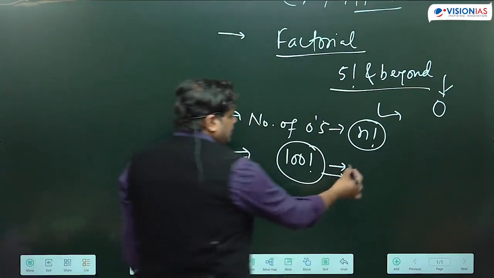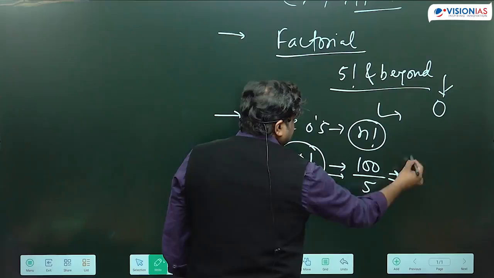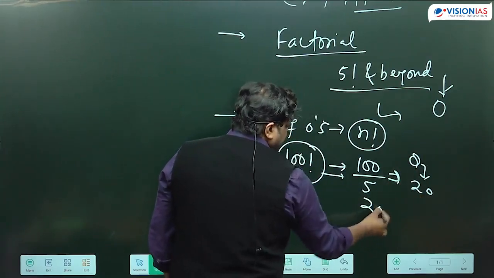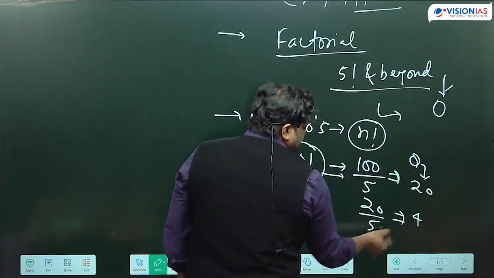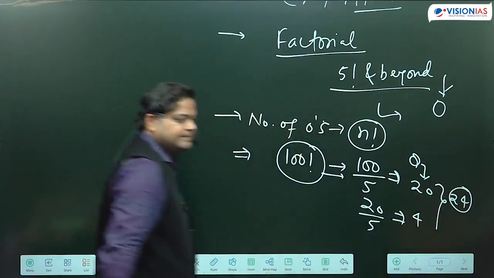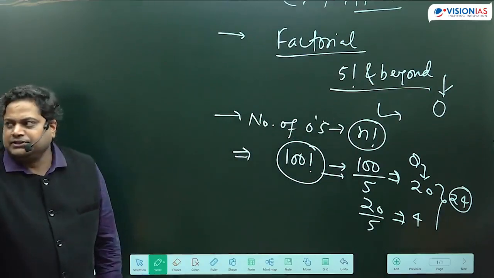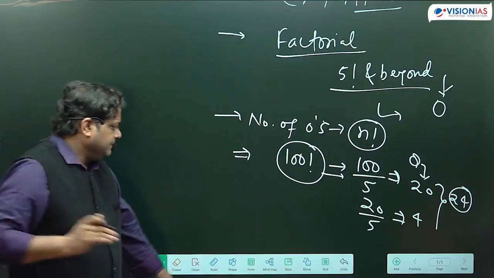How do we calculate the number of 5s? We divide 100 by 5 and see what quotient comes. Again we divide this quotient by 5. If it is less than 5, we say this is the total number of 5s. There are 24 5s, that means 24 zeros will be there at the end of this number.